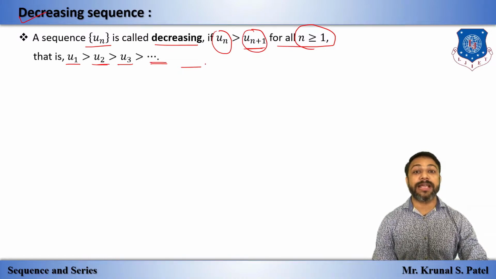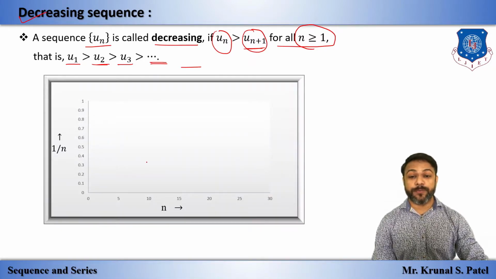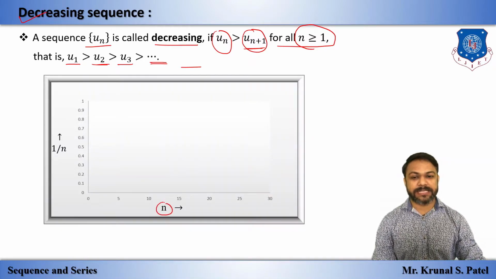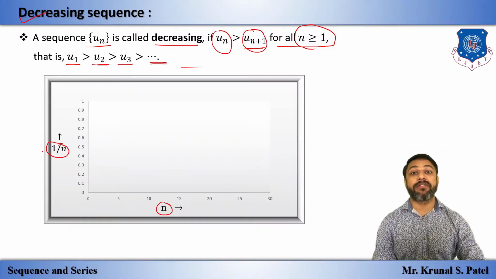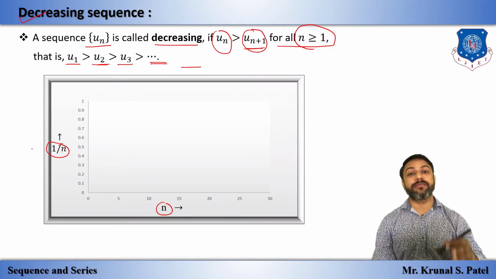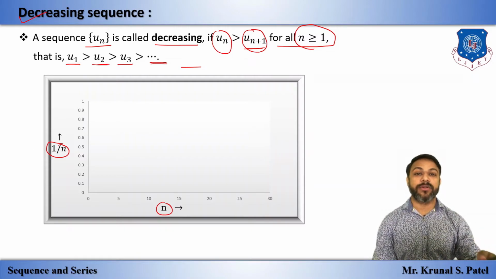Let's have a look at the graph. As n increases, the graph is of 1 by n. Starting from 1, we get 1 by 1, which is 1. If n is equal to 2, the next term is 1 by 2, that's 0.5. For 3, 1 by 3, about 0.3, then 1 by 4.